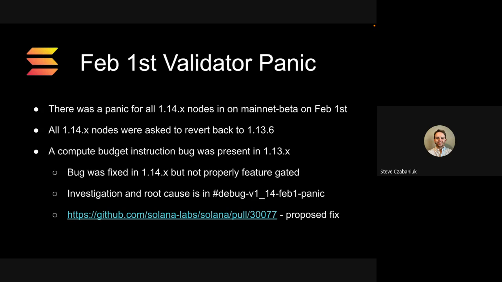We replayed a bank and saw that the 1.14 nodes were not agreeing with the cluster, so they said we need to purge those slots. In purging those, there was transient state, and that hit a panic. But the actual issue is the fact that we diverged initially.